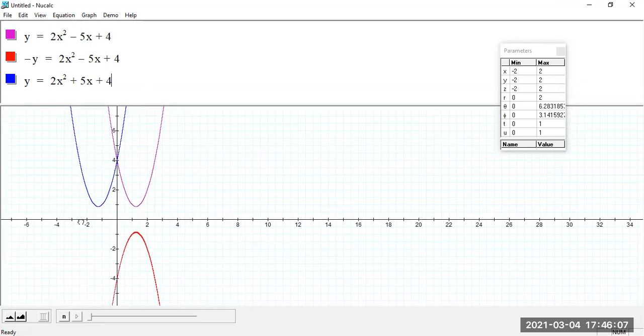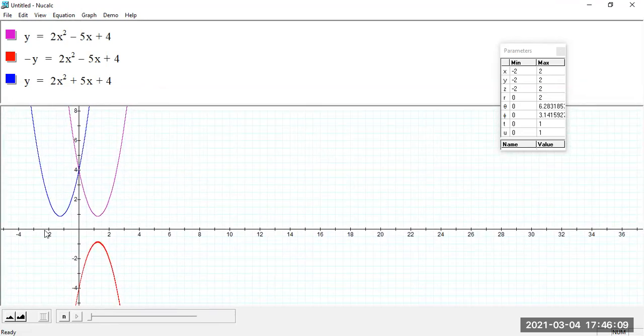See that? Line it up this way, screenshot, and put it on our note.